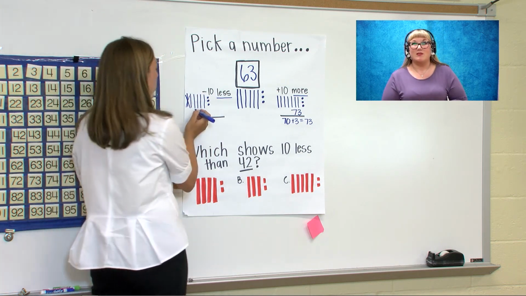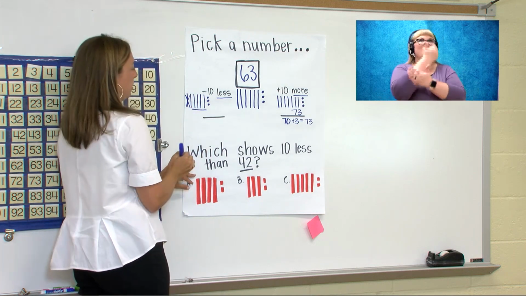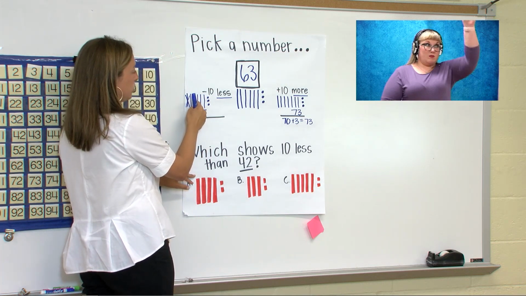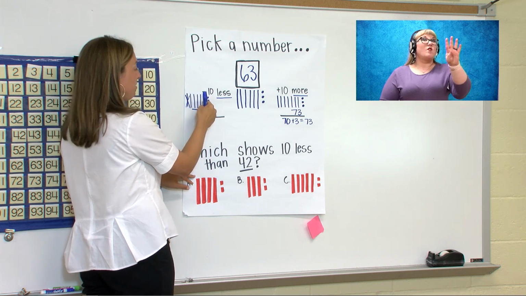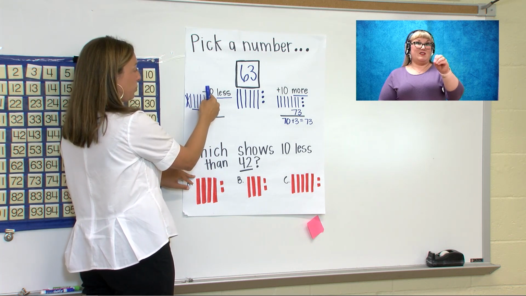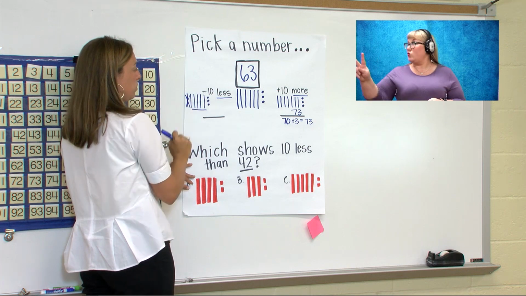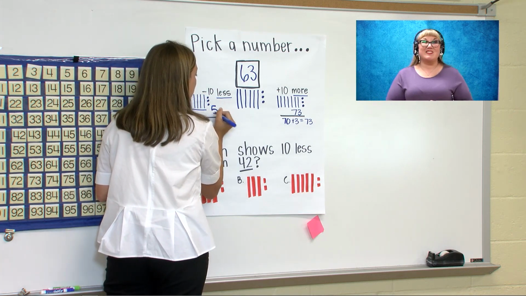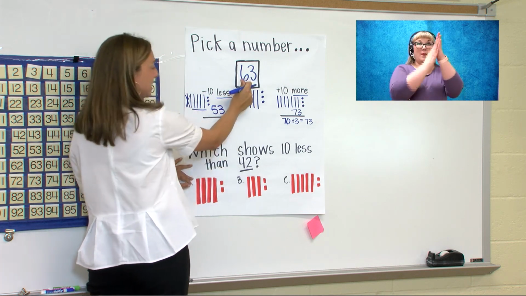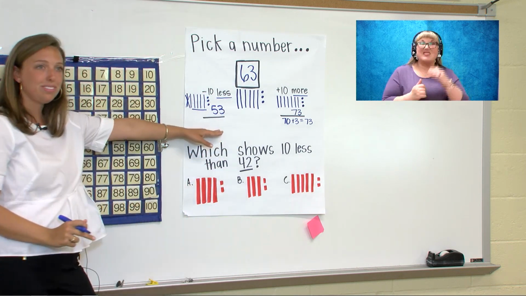Now we're going to count our new number. 10, 20, 30, 40, 50, 51, 52, 53. 10 less than 63 is 53.